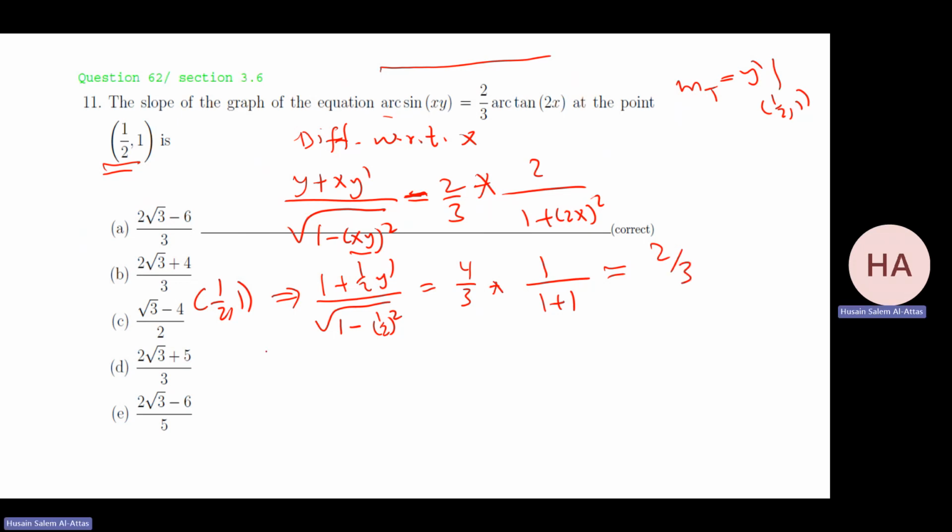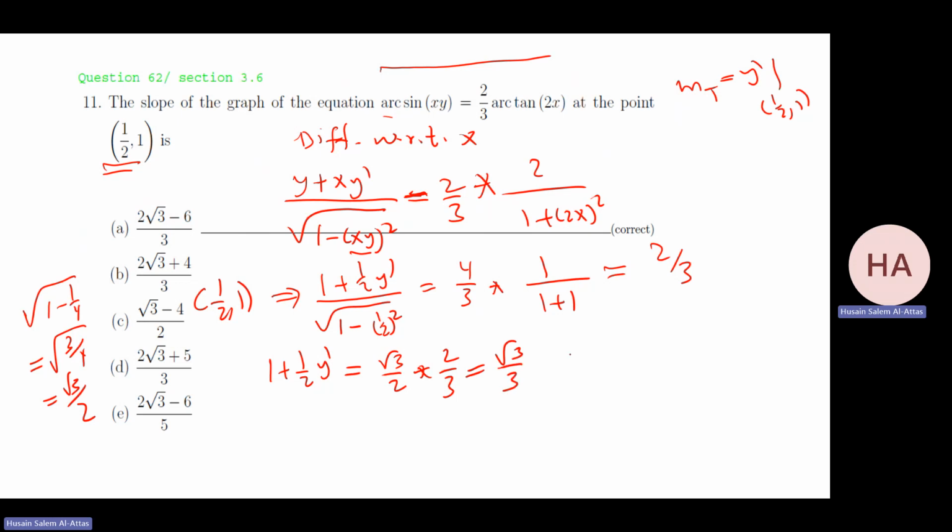So 1 plus half y prime, this is what? Square root of 1 minus 1 over 4 will be square root of 3 over 4, which is square root 3 over 2. So I have square root 3 over 2 times 2 over 3, which is root 3 over 3.